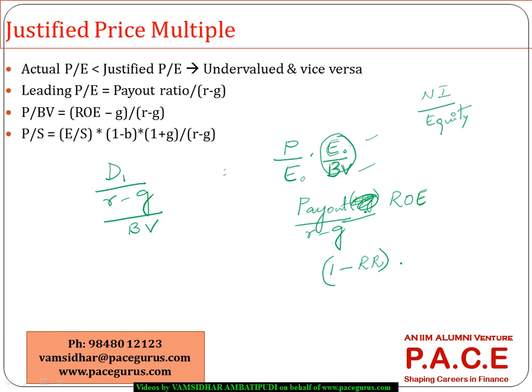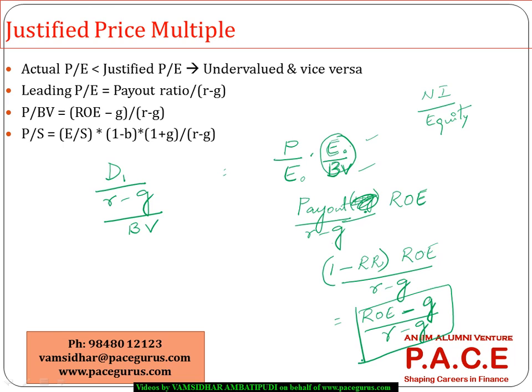So 1 minus retention ratio into ROE by R minus G. Just expand it: ROE minus ROE times retention ratio. What is that? That is your sustainable growth rate G. ROE minus G by R minus G. That is the typical justified price to book value multiple.